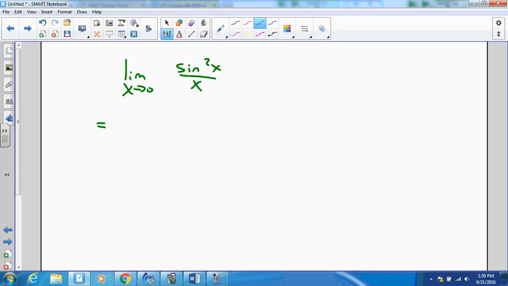Okay, go ahead. There's the limit as x goes to 0 of sine x over x. What does sine squared x mean?